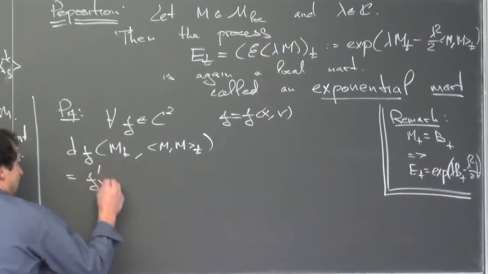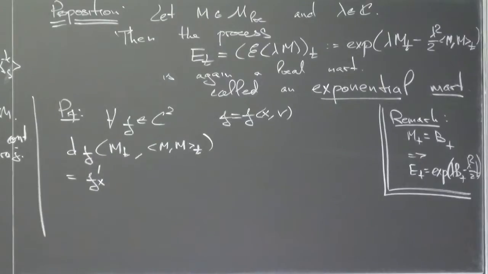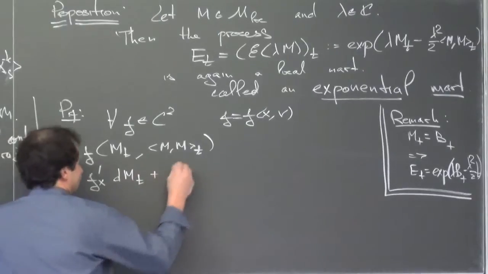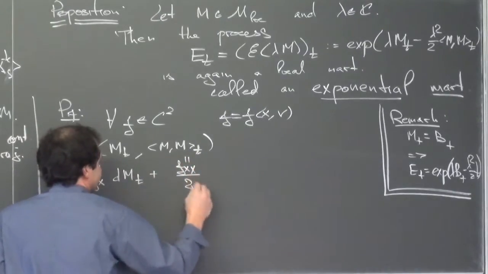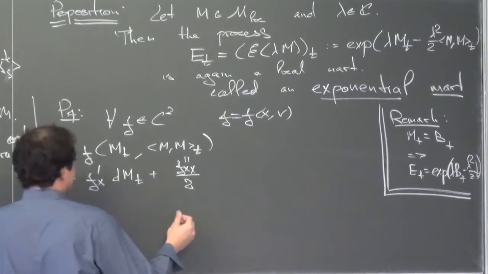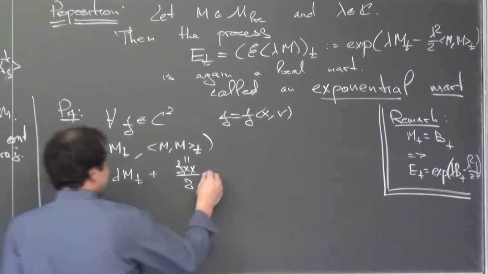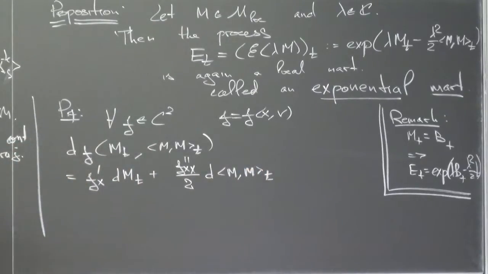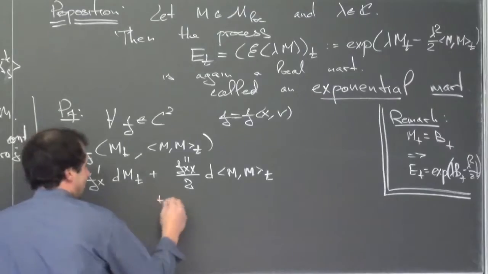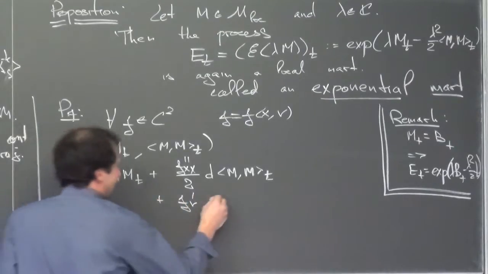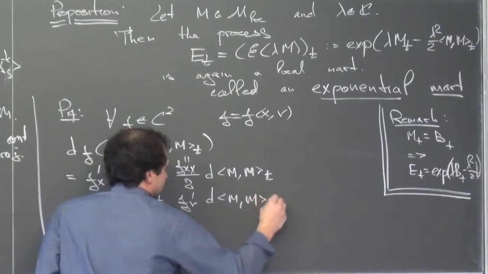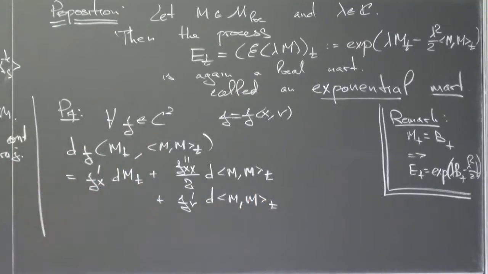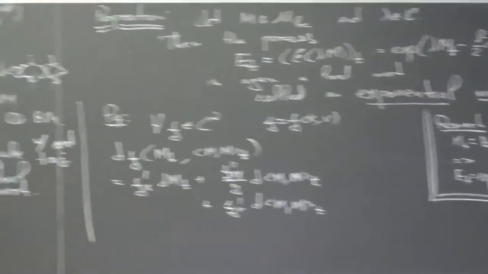This is the partial derivative with respect to x times dM_t, plus the second partial derivative in x times d of the bracket of M_t, plus another term, the partial derivative in v times d of the quadratic variation of M_t. Or maybe it should be here, I don't know. Is it clear what happened? Maybe it should be here because this is still the first derivative.